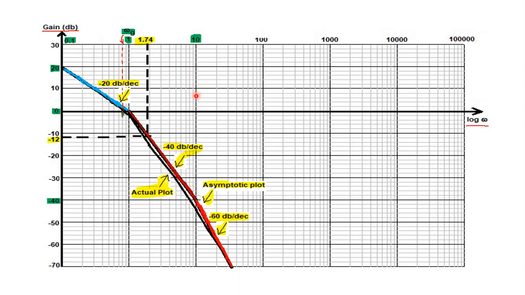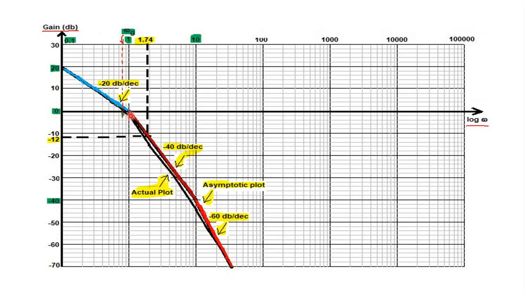For the second factor, that is 1 by 1 plus 0.1 s, at 10 you have minus 3 dB correction, at 5 you have minus 1 dB correction, at 20 you have minus 1 dB correction. So join all these points with a smooth freehand curve, and we get the actual plot.